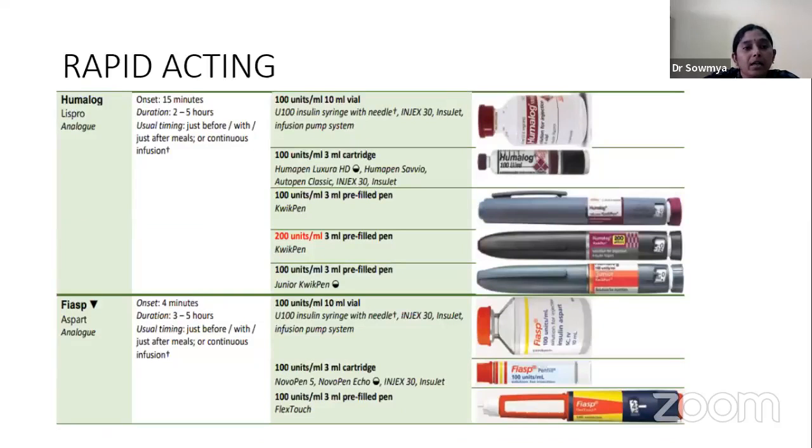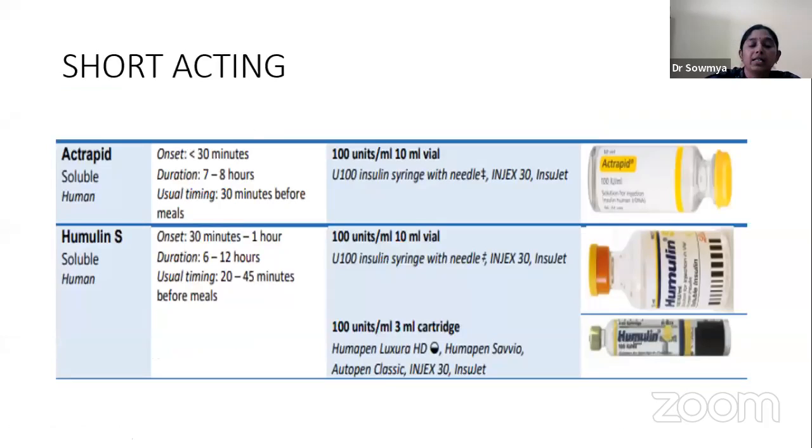Coming to the other rapid acting, the lispro analog, and the aspart analog is Fiasp. In Fiasp, the onset is only 4 minutes, and the duration is 3 to 5 hours. It is available as a vial as well as a cartridge. Coming to the short acting insulins, Actrapid and Humulin S, that is the soluble human form. Onset is usually 30 minutes to 1 hour, and duration is around 10 to 12 hours.